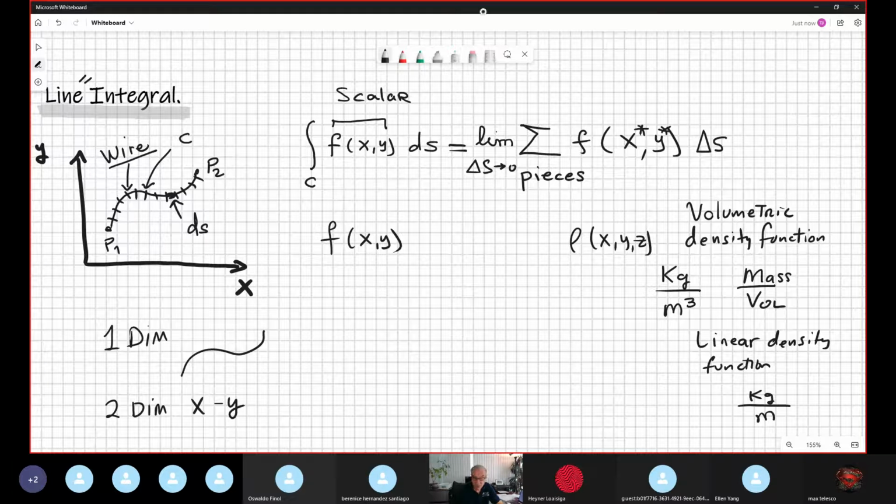Okay, so now in this case we don't call it rho. This Greek letter is called mu. This terminology is from physics. When there is a linear density, it's mu.